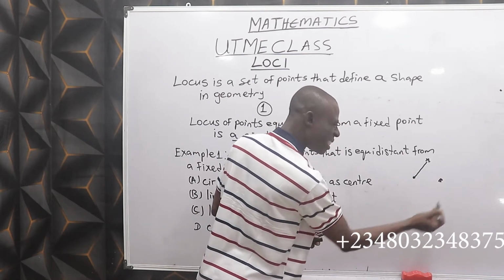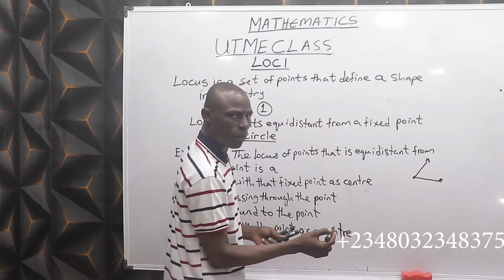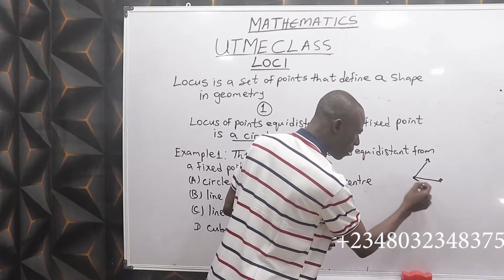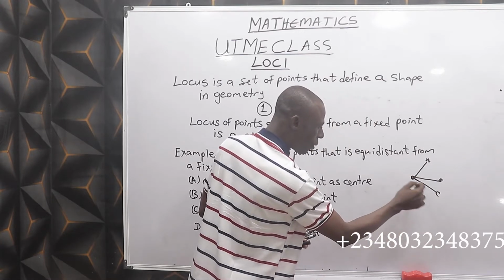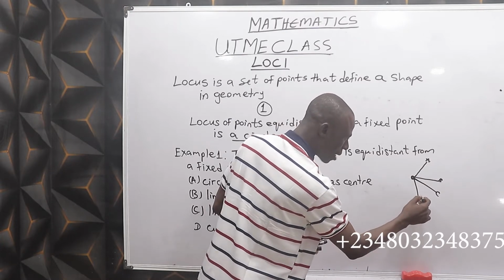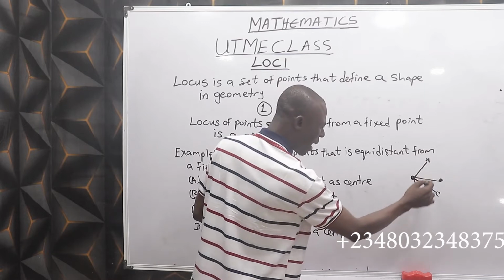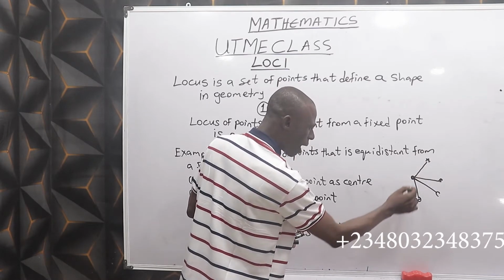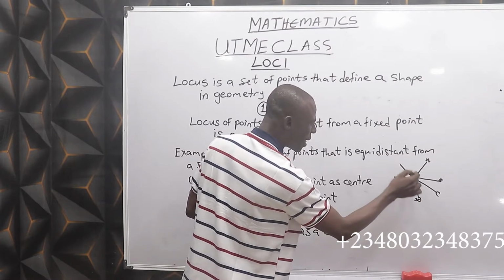Now let's say this point A is having equal distance with another point B. Let's say this point B is the same distance from the fixed point. Another point C is having the same distance from the fixed point. Another point is having the same distance from the fixed point. If you line them up like that, the same distance all around this fixed point, you realize you form a circle.